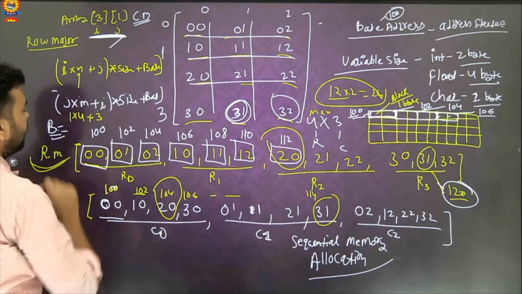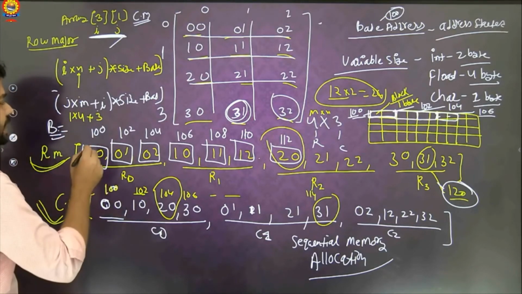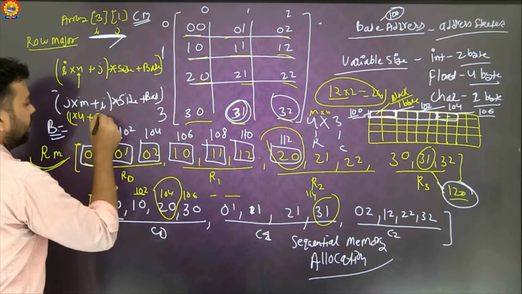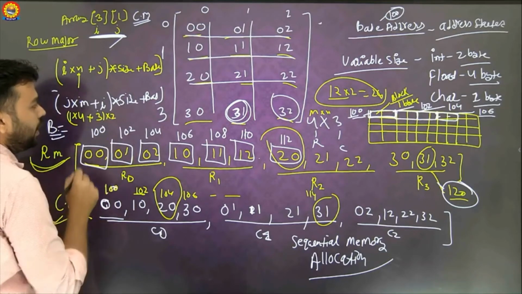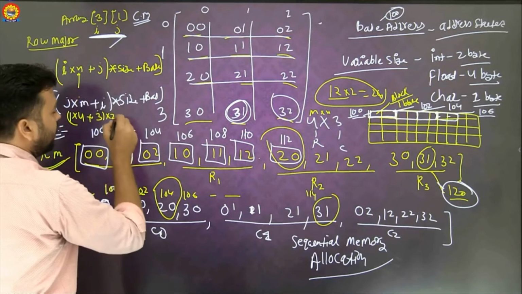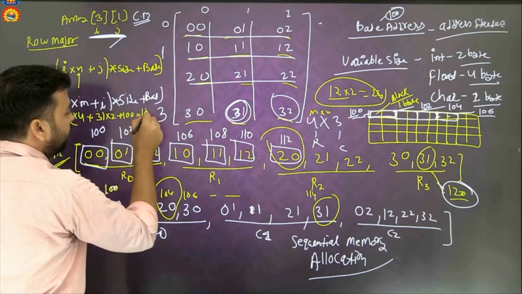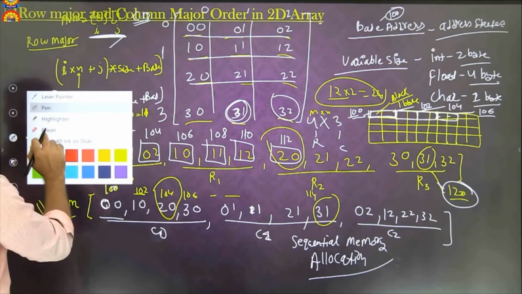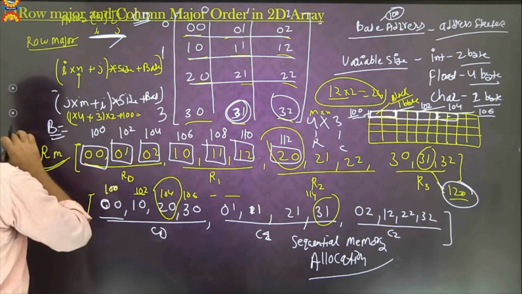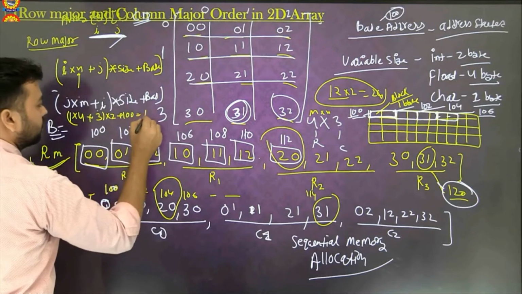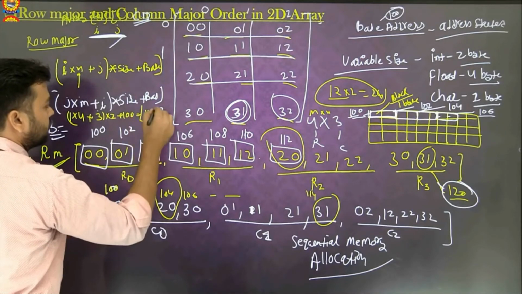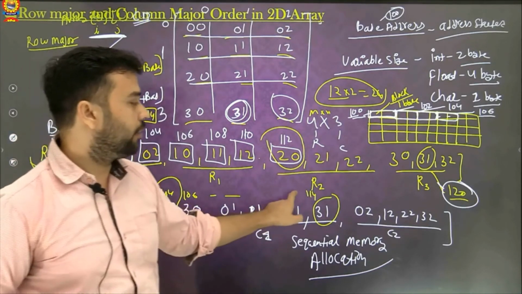So 1 into 4, 4 plus 3, 7. 7 into 2, 14. 14 plus base address 114. So we already calculated 114.